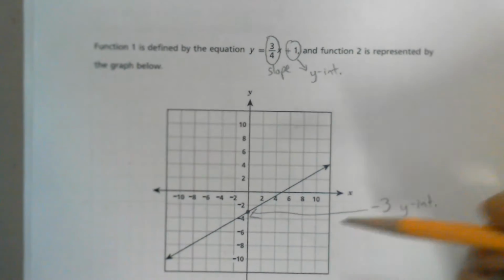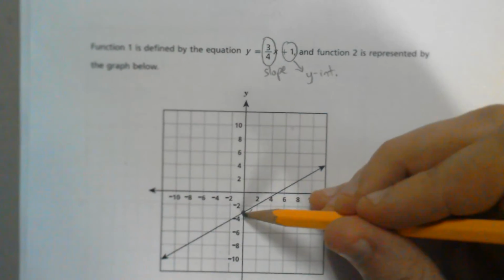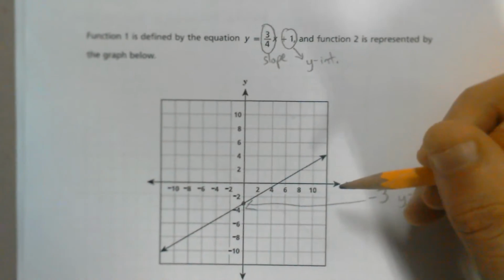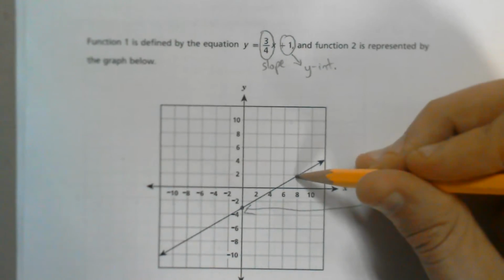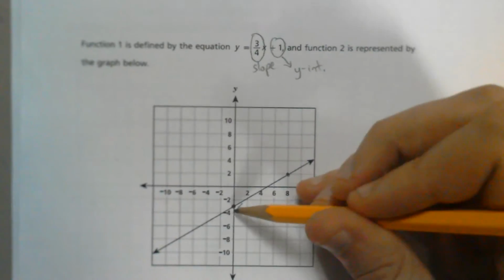Now to figure out my slope, just choose any 2 points on here and figure out the rise and the run. So I'm going to choose this point I just came up with, and I'll also choose this one right here, 8, 2.